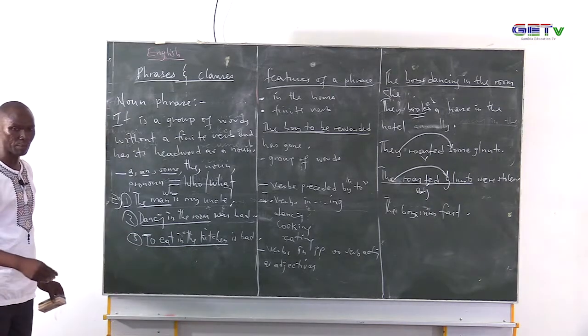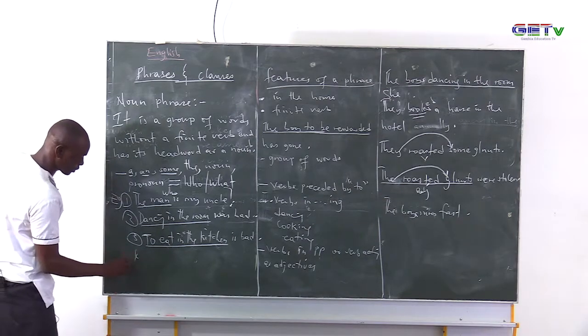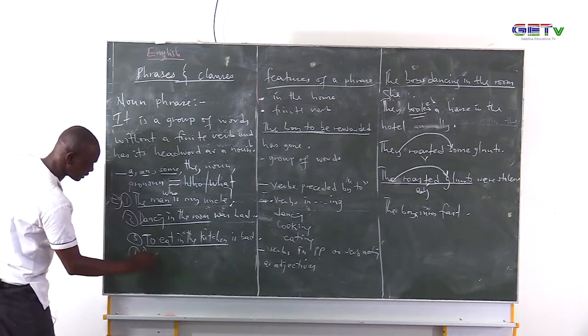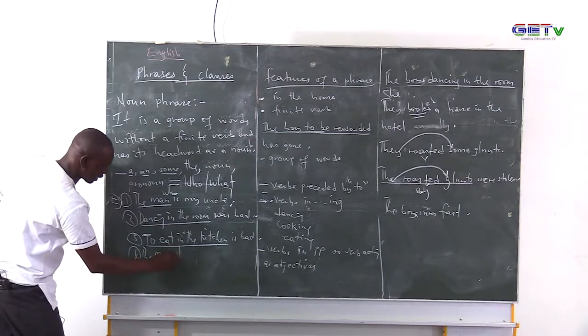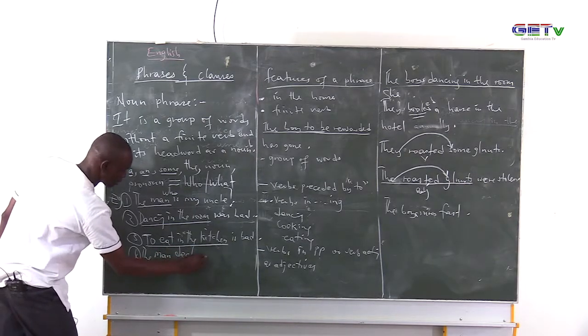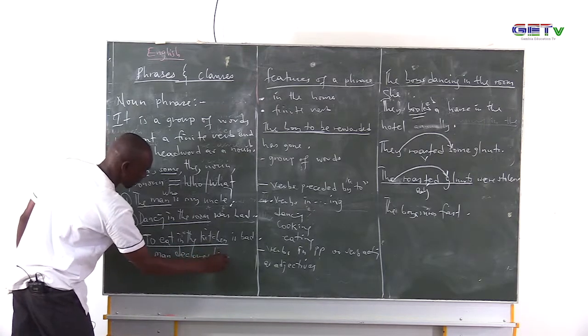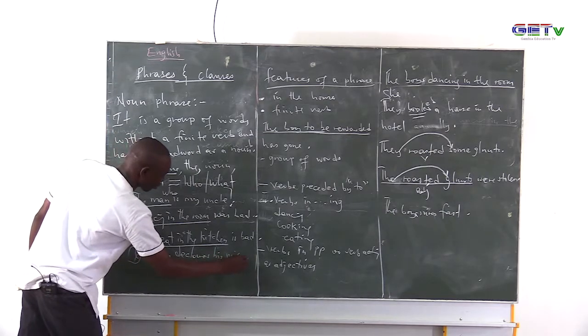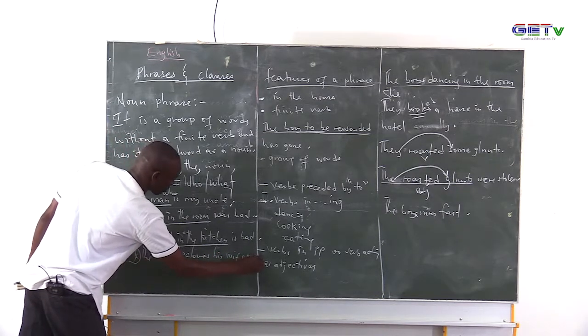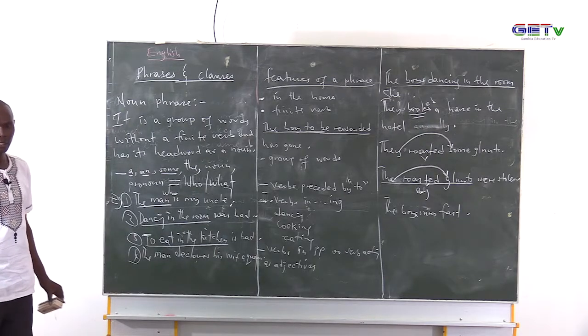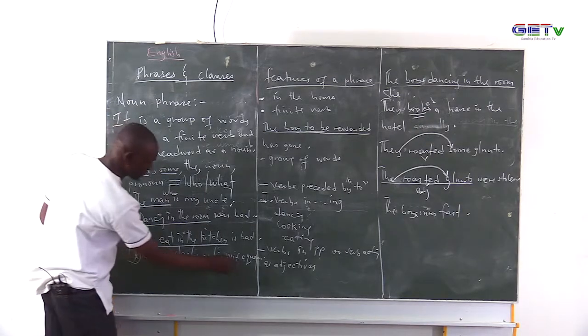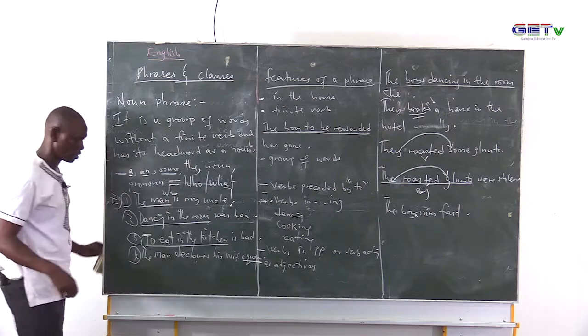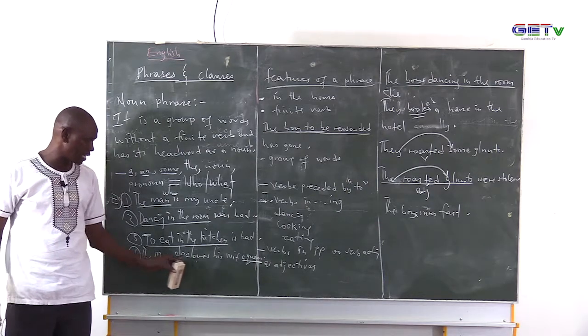And another example, if I say, "The man declares his wife a queen." Now this "a queen" is on the line. You get the point? The man declares his wife.